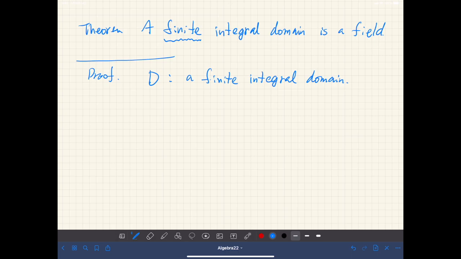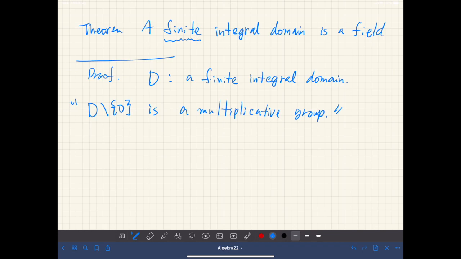So what we need to show is that D except for the 0 element is a multiplicative group.